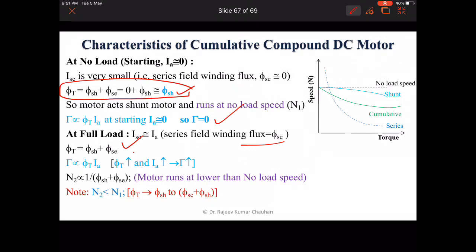Phi t will increase and IA is increased, so the torque is increased. So N2 is proportional to 1 upon phi SH plus phi SE. The motor runs at lower speed than the no load speed. So note, N2 is less than N1 and flux phi t is varying between phi SH and phi SH plus phi SE in case of a cumulative compound motor.